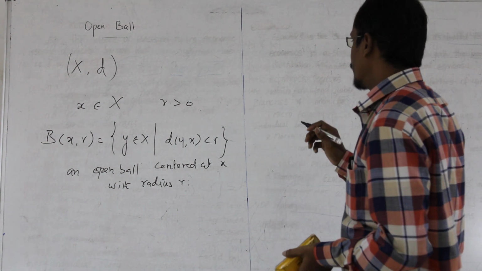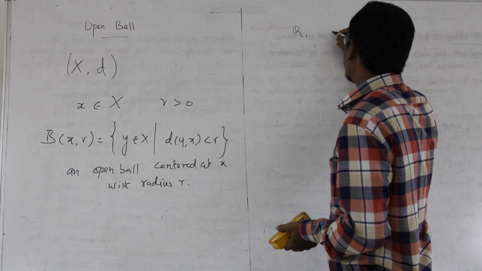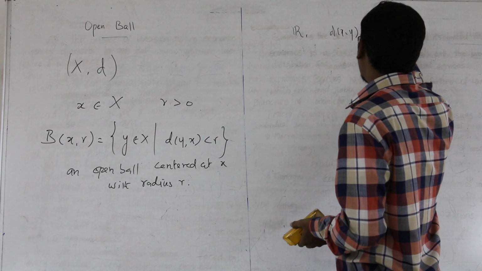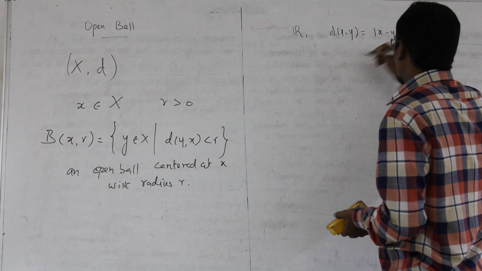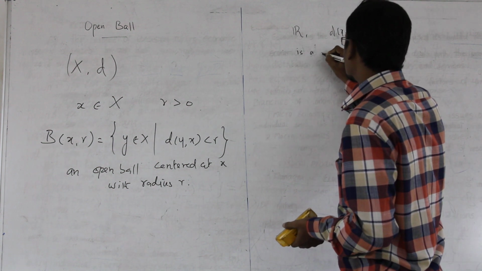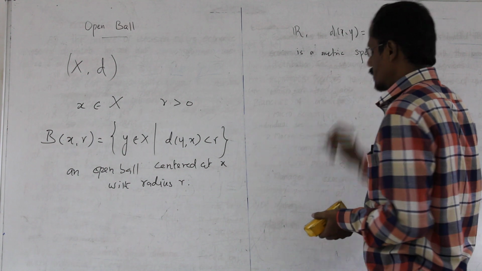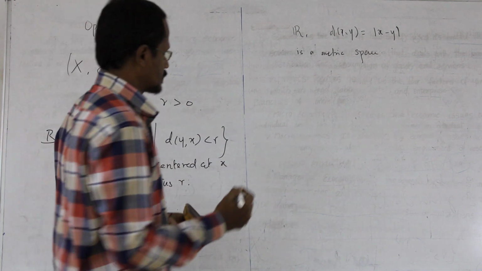You know very well that the set R, together with the metric d(x, y) defined by |x - y|, is a metric space. So in this metric space, you can take any point.